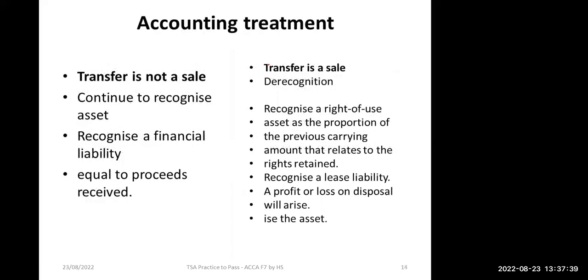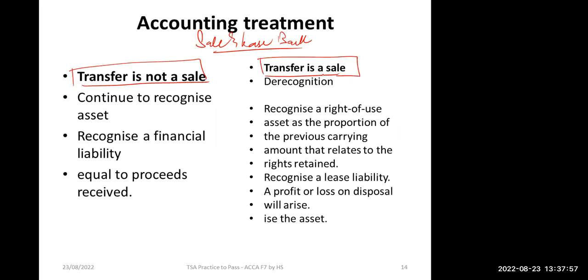Now, talking about the accounting treatment for the sale and leaseback. In a sale and leaseback, there are two types of accounting treatment: if the transfer is a sale, and if the transfer is not a sale. If the transfer is not a sale, then we continue to recognize the asset, and whatever amount we are receiving in this transaction will be recognized as a financial liability.